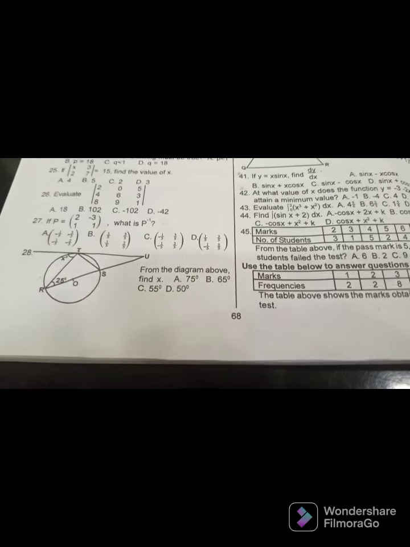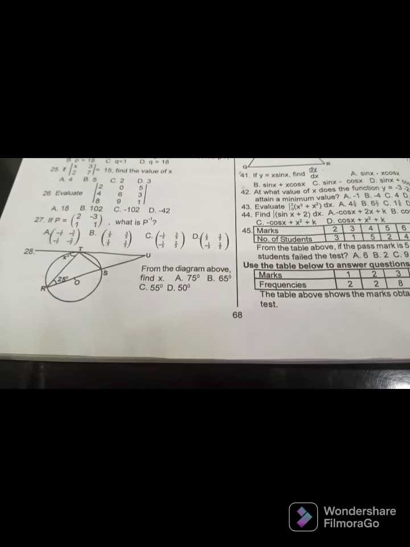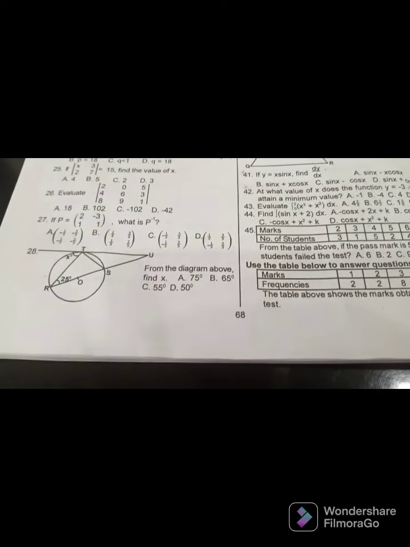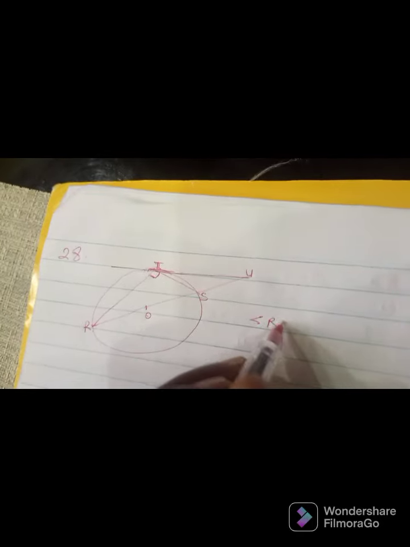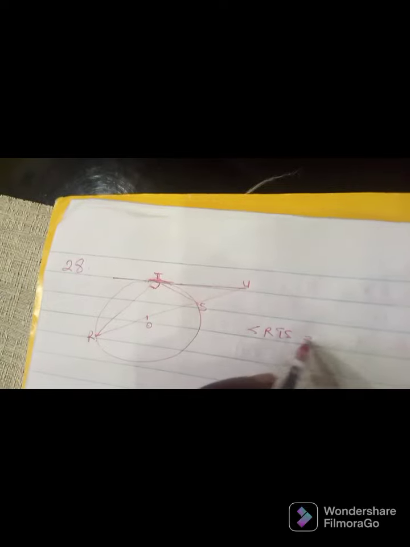And there's a theorem that says that the angle in a semicircle is a right angle. That means angle RTS, the angle here, is 90. So let me write it out. Angle RTS is equal to 90 degrees, because it's an angle in a semicircle.